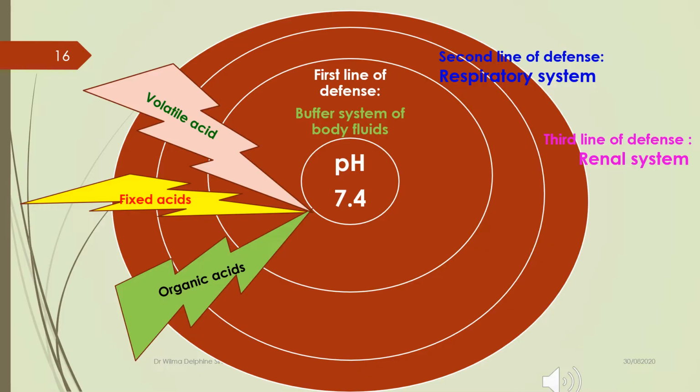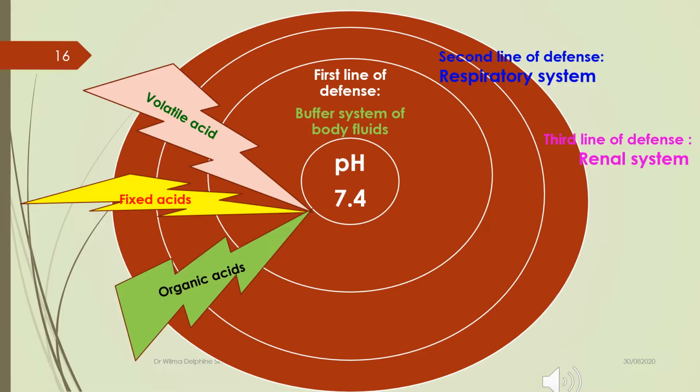The buffer systems of the body fluids react within a fraction of a second to minimize these changes. Buffer systems do not eliminate hydrogen ions from the body or add them to the body, but only keep them tied up until balance can be re-established. The respiratory system, the second line of defensive mechanism, regulates the removal of carbon dioxide from extracellular fluid within a few minutes to 1 or 2 days.